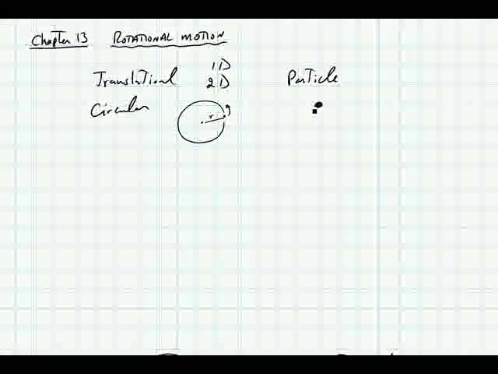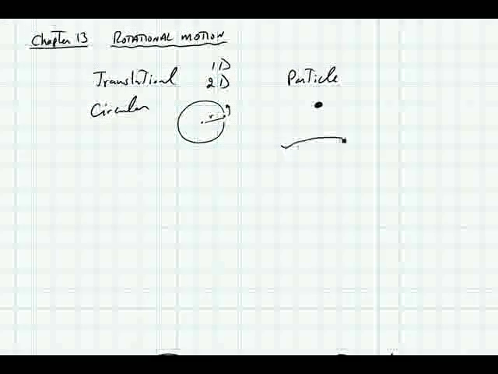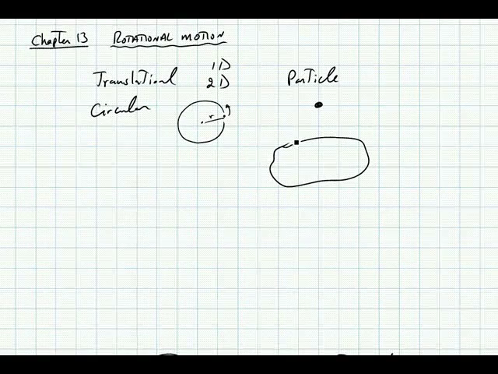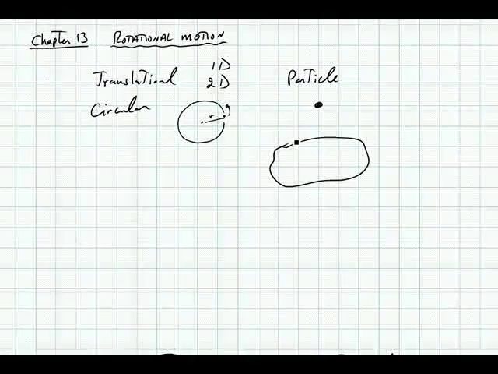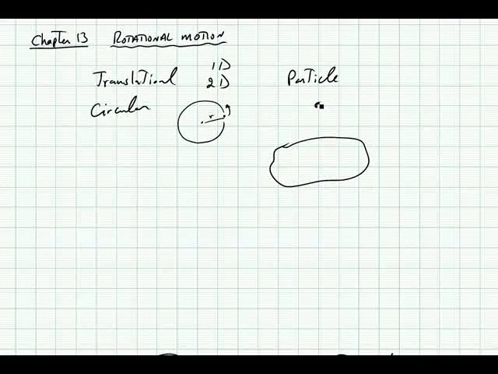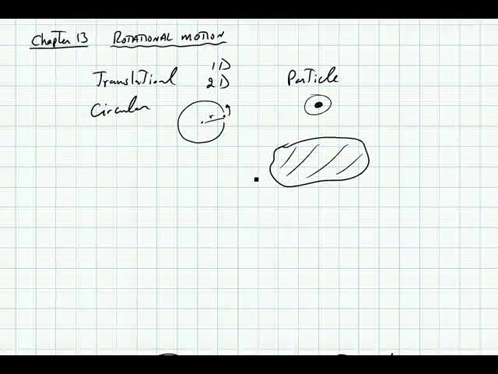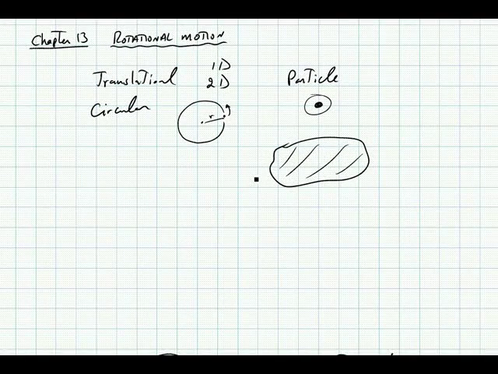Now in this chapter we're going to look at rigid objects, objects which occupy a finite volume. So here I have a potato, and we'll look at the rotational motion of rigid objects, where we no longer have the particle model, but have three-dimensional objects to deal with.